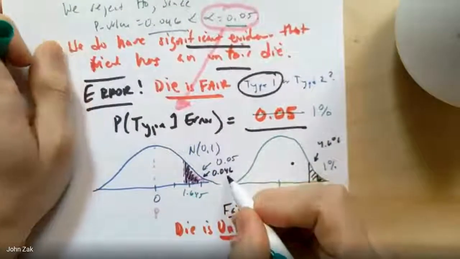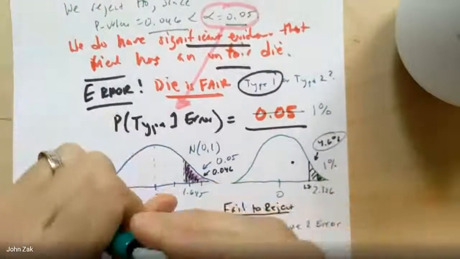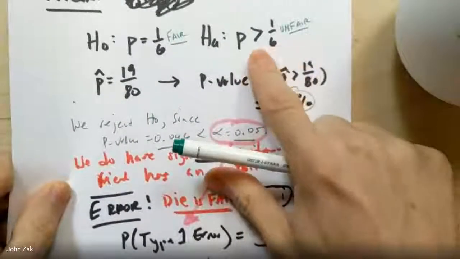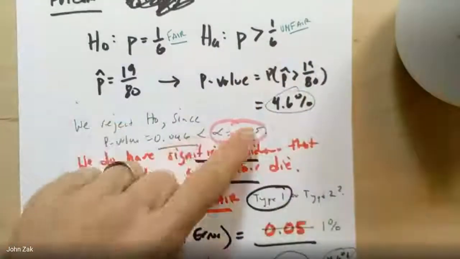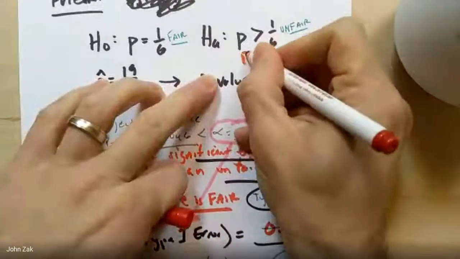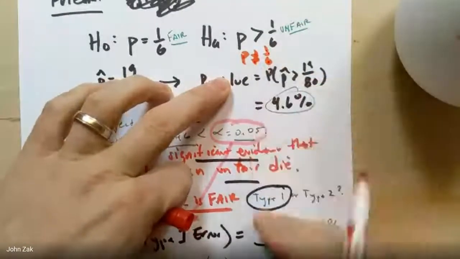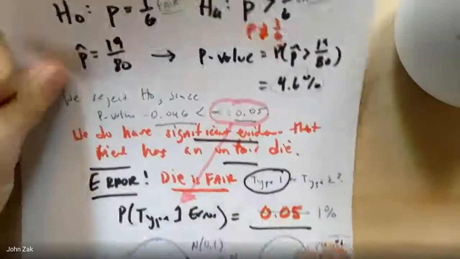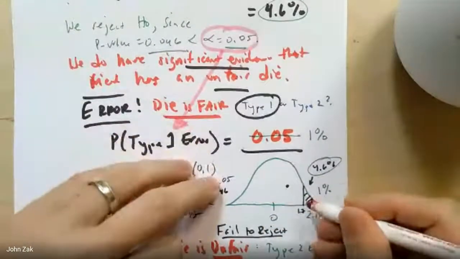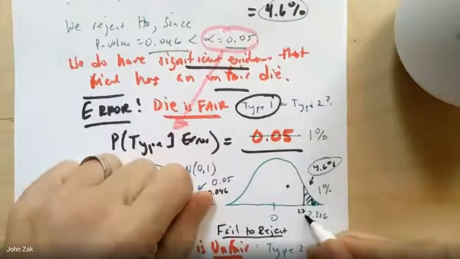So for instance, when we had a p-value of 4.6%, that p-value was based on a right-tailed alternative, because our alternative hypothesis was p is greater than 1/6. If we change this to a 2-tail test, then that changes the p-value, because then the alternative would be p is not equal to 1/6. To calculate my p-value, the p-value gets doubled. Because what I would do is say, okay, here's positive 1.7.